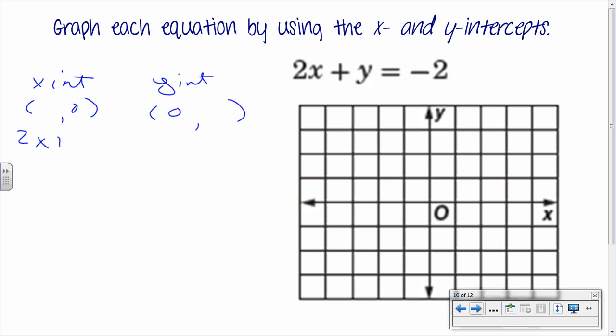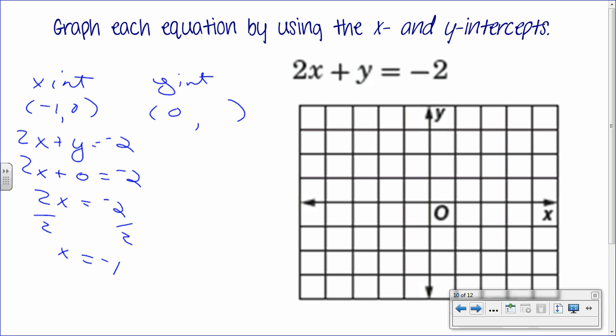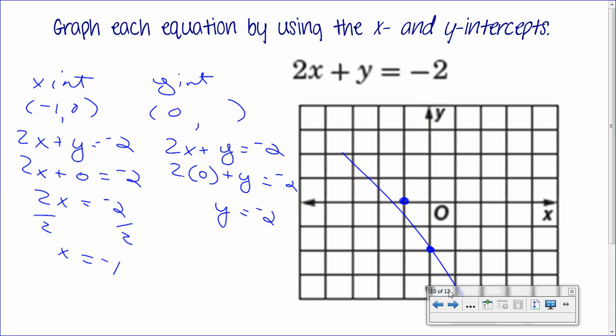I can leave it in standard form and do this, right? 2x plus 0, right? Okay, 2x plus y, 2 times 0.